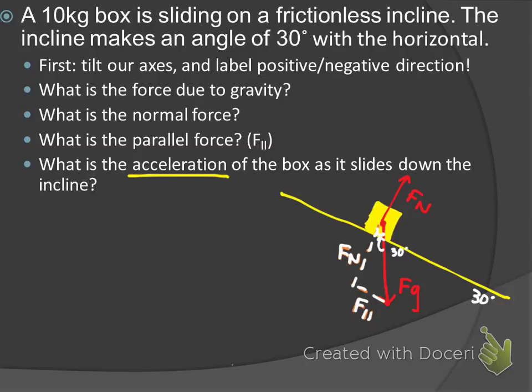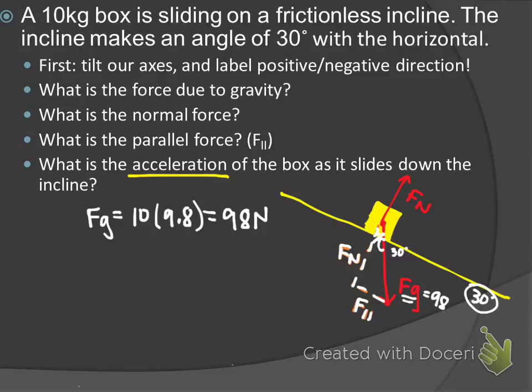So this 30 degrees is the same one that goes into your gravity triangle. First thing we need to do is solve for FG. So how do we solve for FG? Mass times 9.8. So 10 times 9.8 equals 98 newtons. So now 98 newtons is the hypotenuse of our triangle.